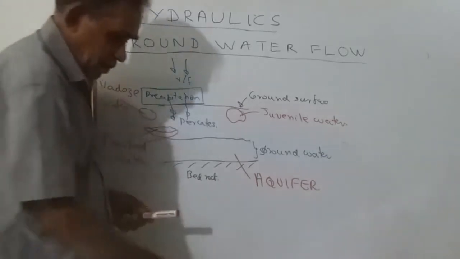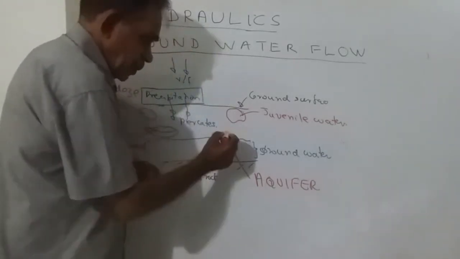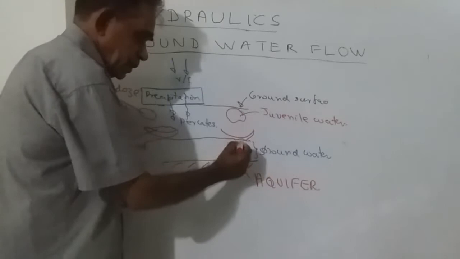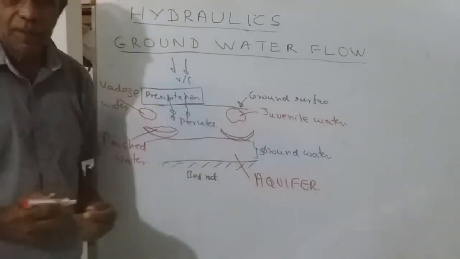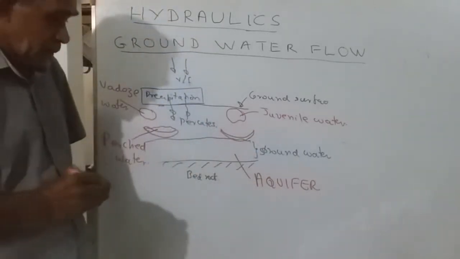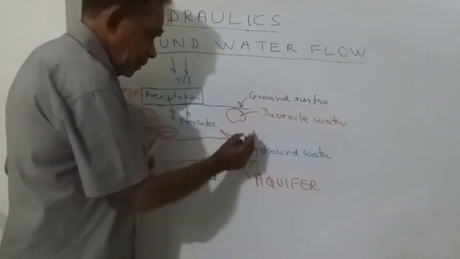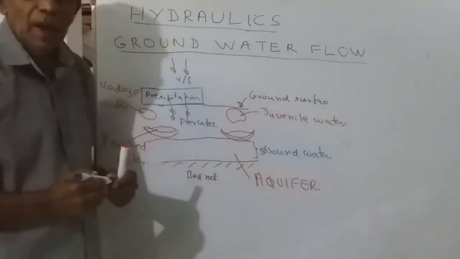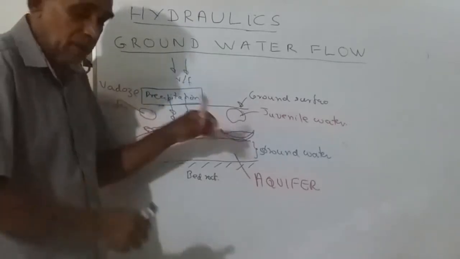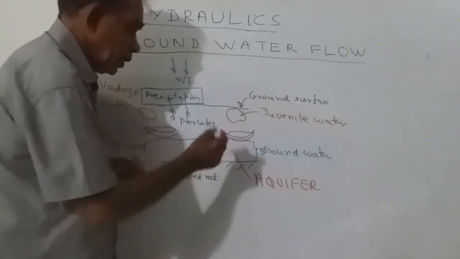Similarly, there can be a rock layer like this, or cup shape here, that may get some water from rainfall or flowing water, and after some time the whole thing may get covered with a rock layer again.